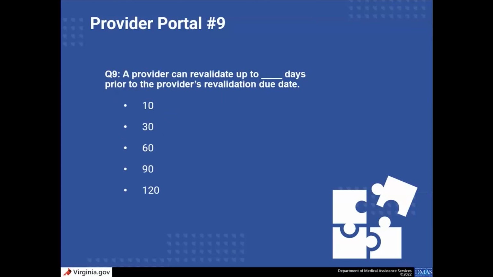A provider can revalidate up to how many days prior to the provider's revalidation due date? Is it 10, 30, 60, 90, or 120? The correct answer is 90. Notifications are sent at 30, 60, and 90 days.